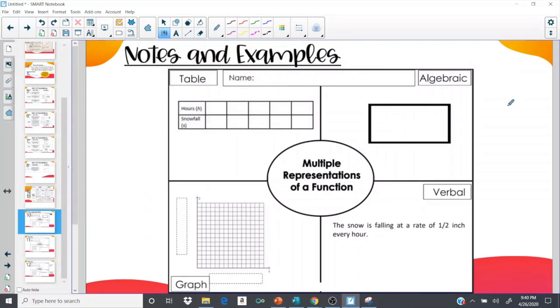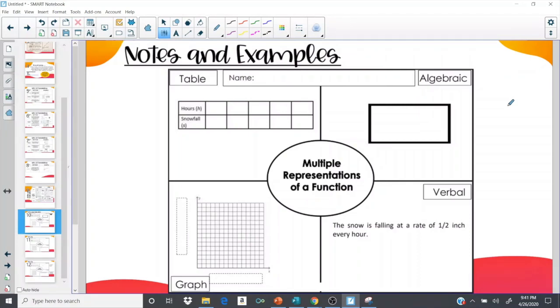First of all, we're going to look for words that represent either a rate of change, or words that represent addition or subtraction.